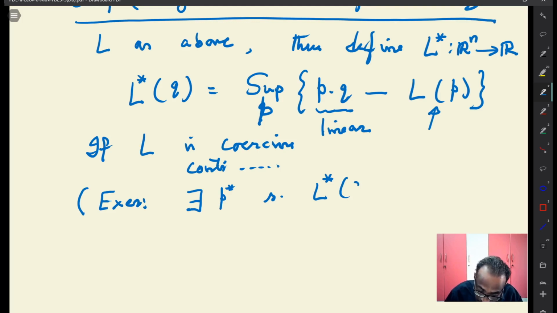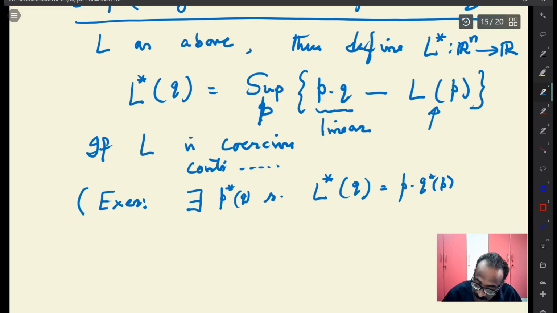Your P star of course depends on Q. You can easily show that there will be P, given Q, of P dot Q minus L of P. So the supremum is attained at some P star, not Q star, sorry.